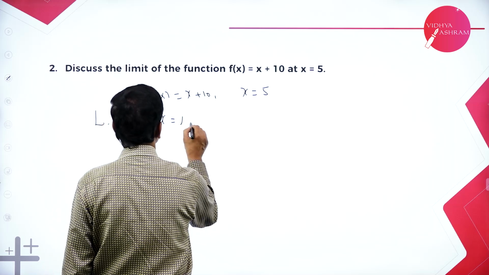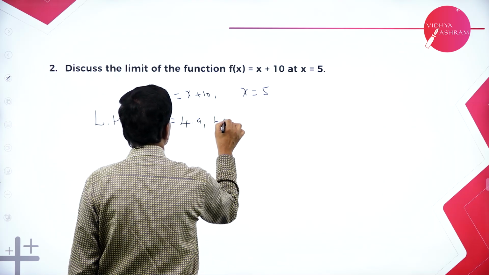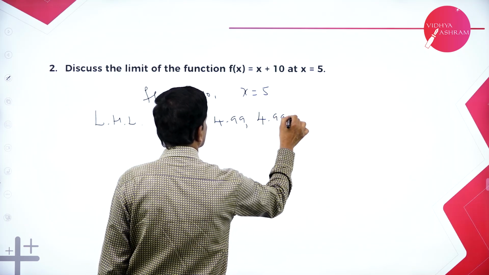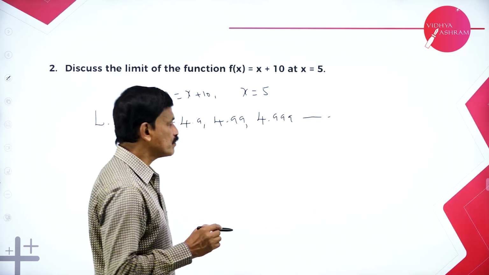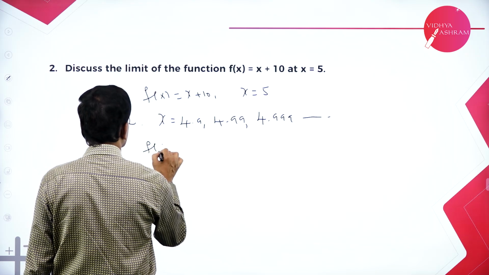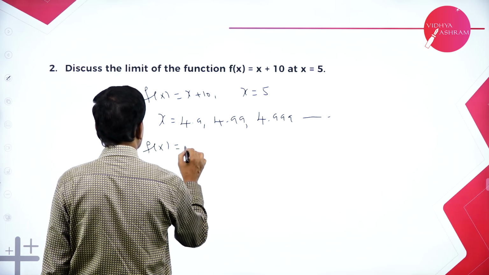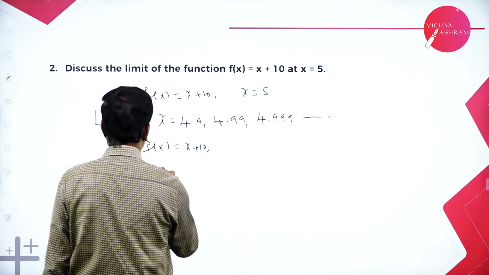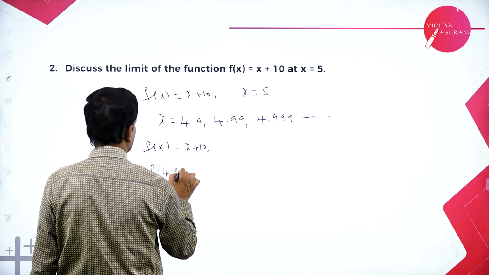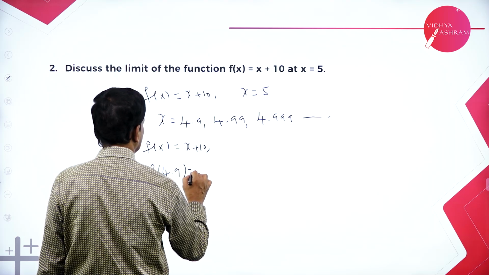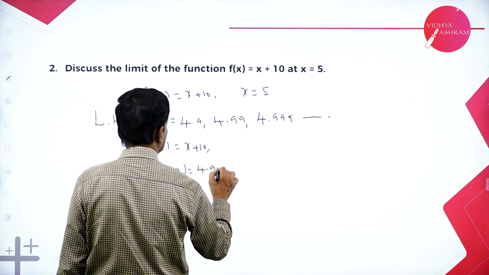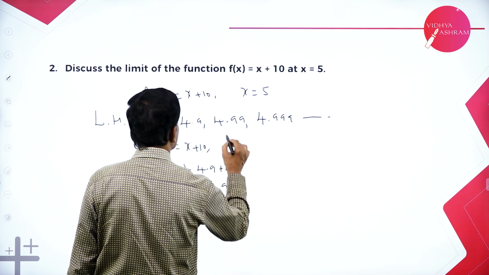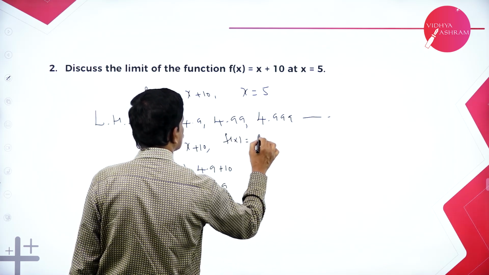That is, let us take x is equal to 4.9, 4.99, 4.999, etc. Then what happens? f of x is equal to x plus 10. When x is equal to 4.9, we get 4.9 plus 10, that is nothing but 14.9. So f of x will approach these values.